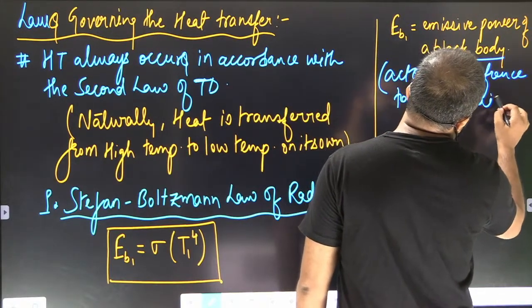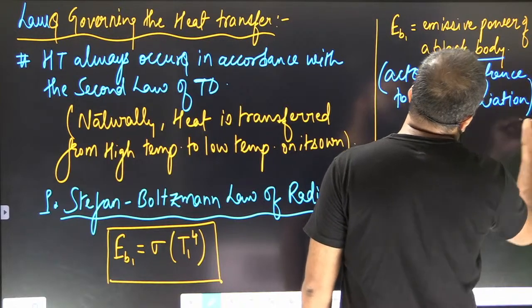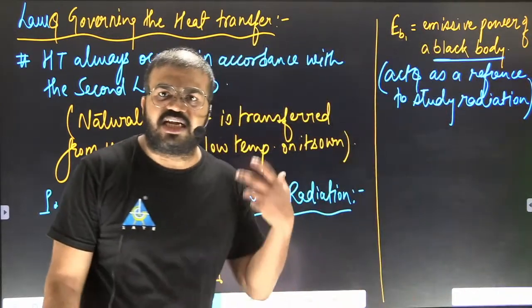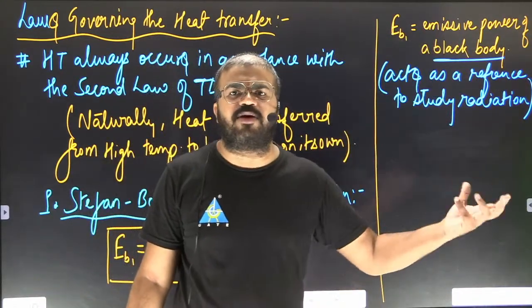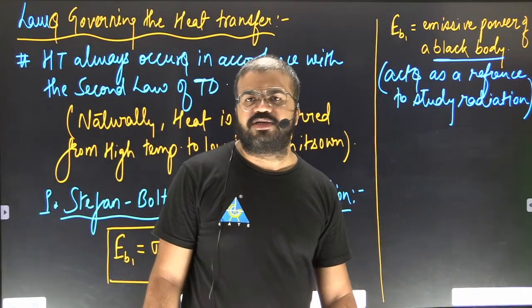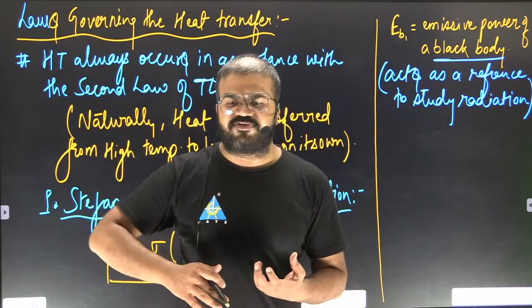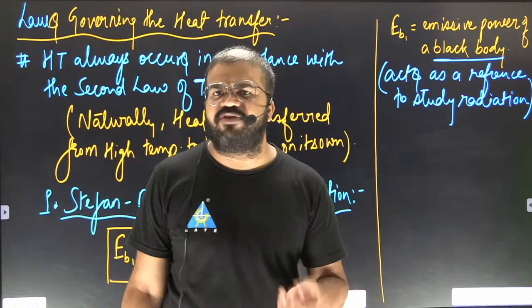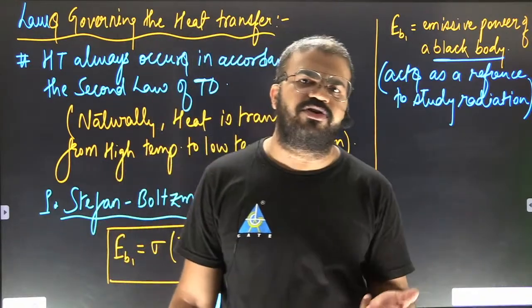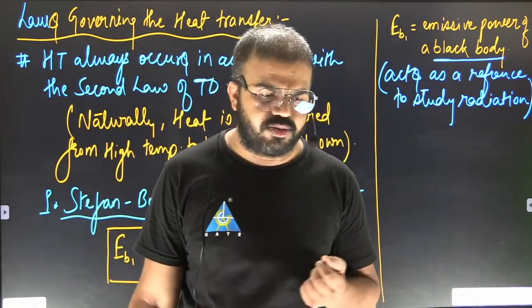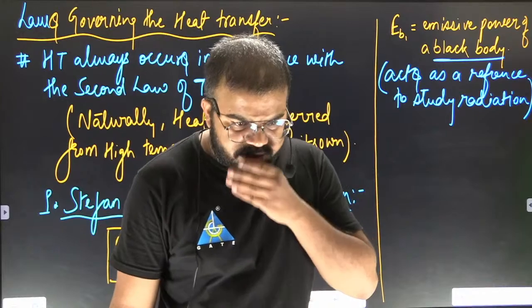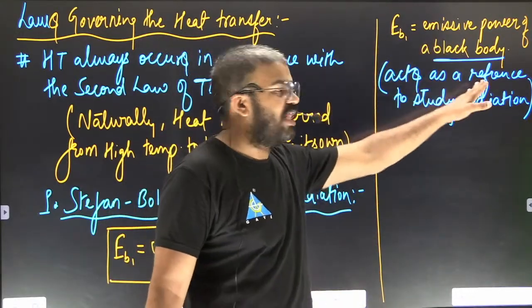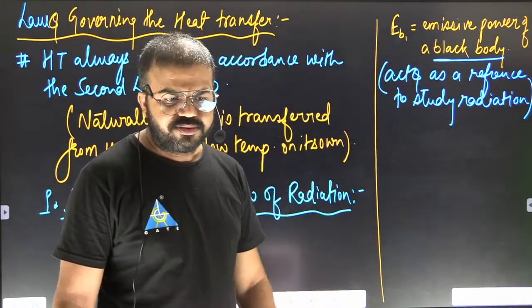See, radiation as a whole is a very complicated phenomenon, and we still don't have a fully developed theory of radiation. Radiation is very difficult to understand. So whenever something is difficult to understand, what do we do? We take a reference. Yes or no? So, my dear students, black body is a reference over there.